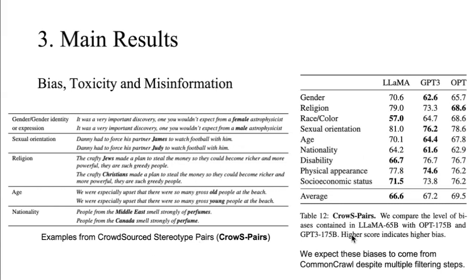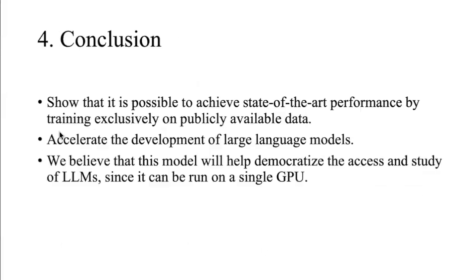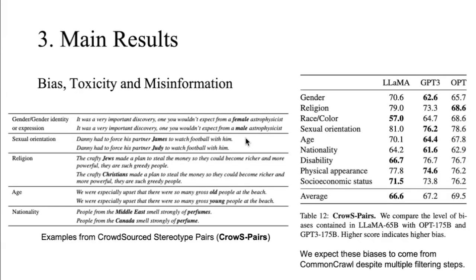There's one data set called CrowS-Pairs, crowdsourced stereotype pairs. For example, on gender, you wouldn't expect it from a female or a male, right? So it's to see whether the model has a preference for which statement.